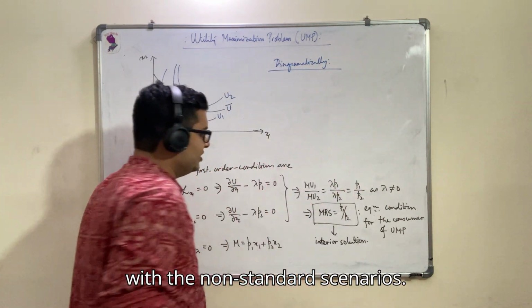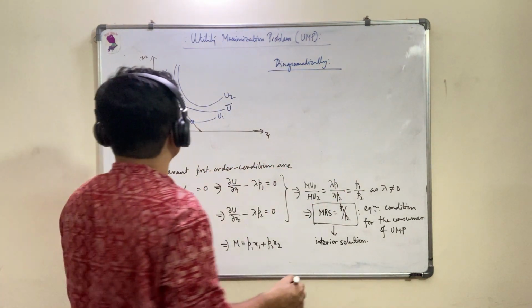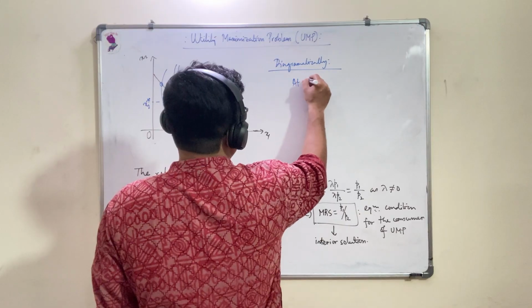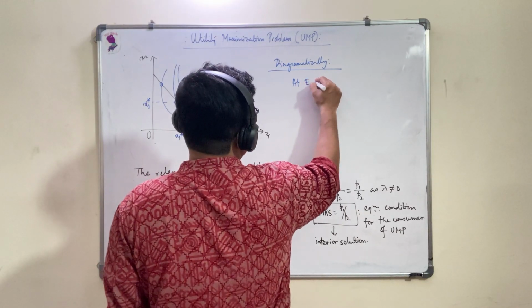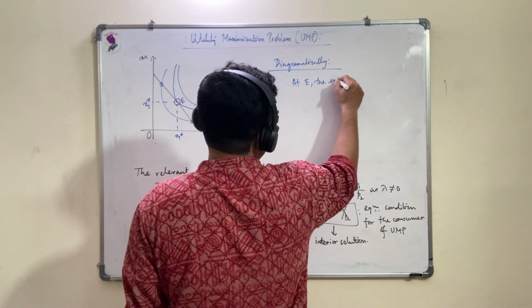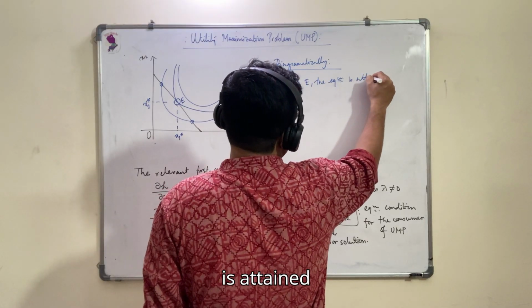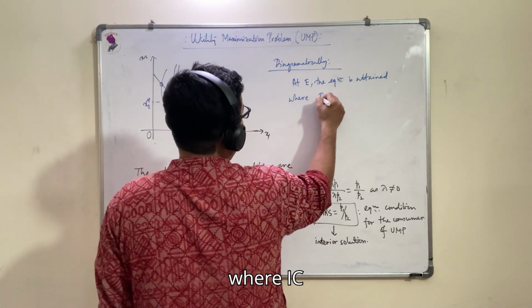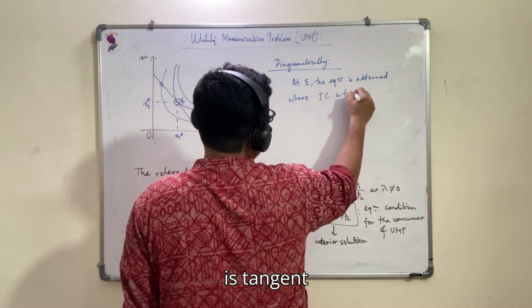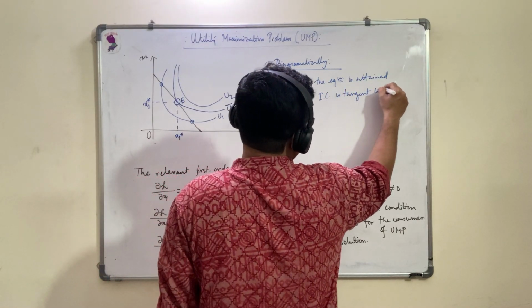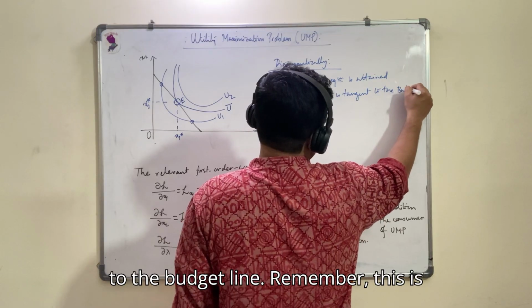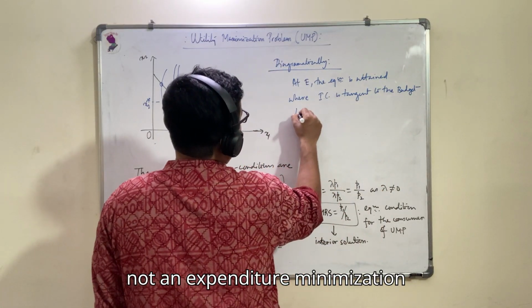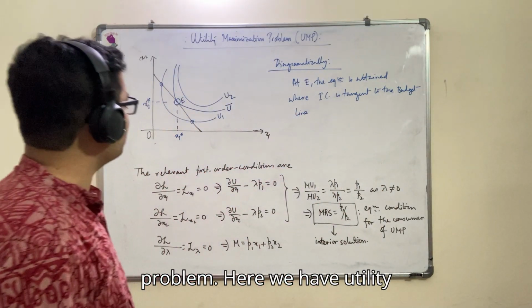So if we go diagrammatically, because this is going to be far more helpful with the non-standard scenarios. So at E, the equilibrium is attained where IC is tangent to the budget line. Remember, this is not an expenditure minimization problem.